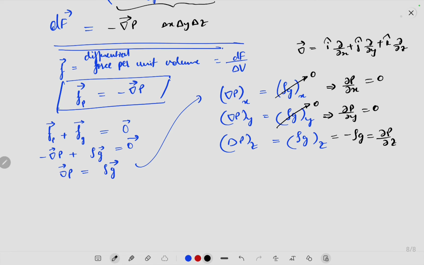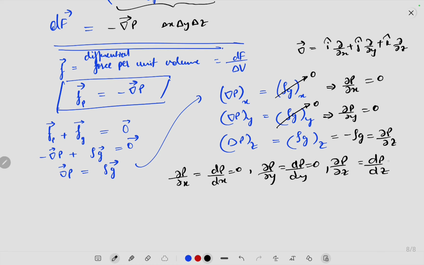So these three expressions tell me that pressure is only a function of z, right? So then we can write del p by del x as dp by dx, del p by del y as dp by dy, and del p by del z as dp by dz. And this is equal to 0, this is equal to 0, and this is equal to minus rho g.